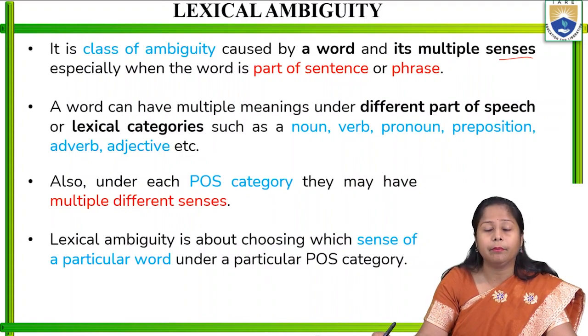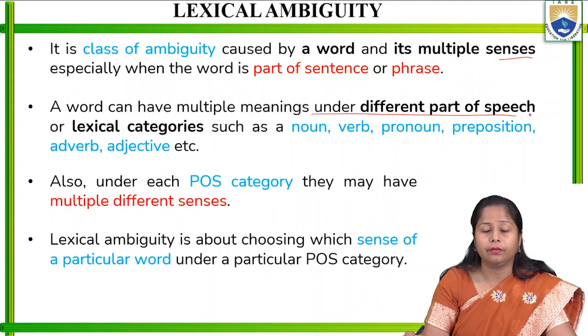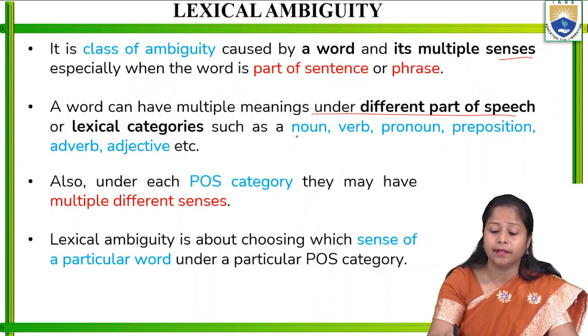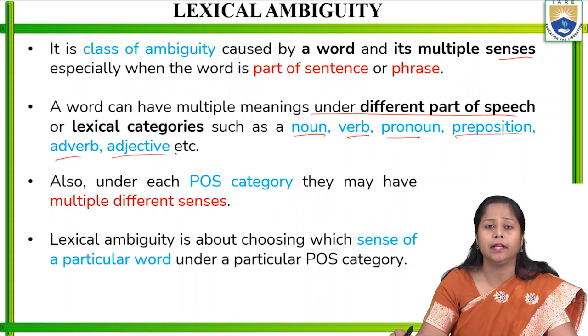A word can have multiple meanings under different parts of speech. We have seen in the earlier slide that 3 sentences were there, interpreting different meanings as per the different sentences with the same words. So we have to create different parts of speech as lexical categories, such as noun, verb, pronoun, preposition, adverb, adjective, and also singular and plural.